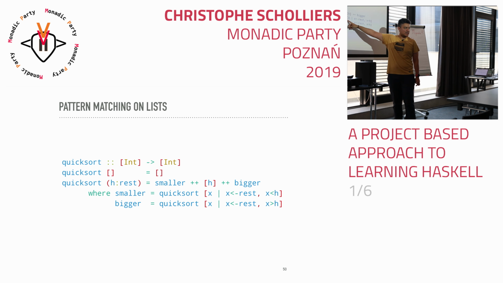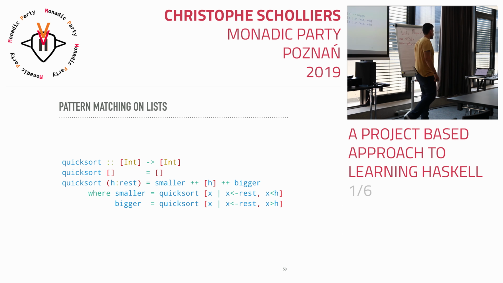So this is basically making a new list of x's for which holds that x has been picked out of the rest of this list, with the condition that x is smaller than h. Is everybody following with this? Okay. And then for bigger, we make a new list of x's, and we are going to pick these x's out of the rest of the list, with the condition that this x is bigger than h. Yeah? Okay.